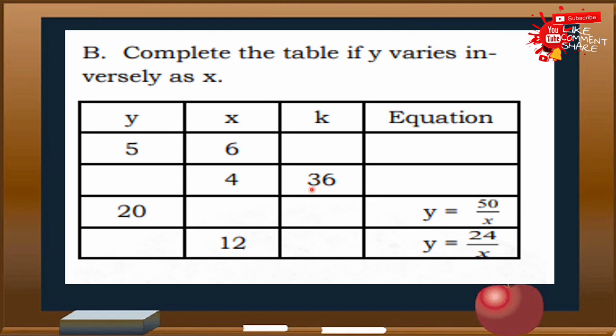Then, yung second and fourth, kayo na po yung gagawa. Ipapakita ko lang po yung example 1 na task at saka yung pangatlo dun sa inverse.